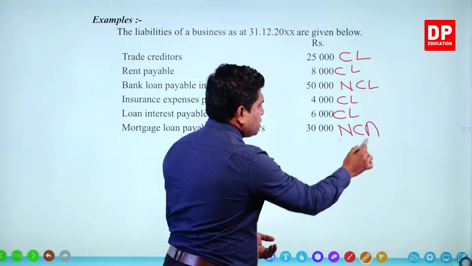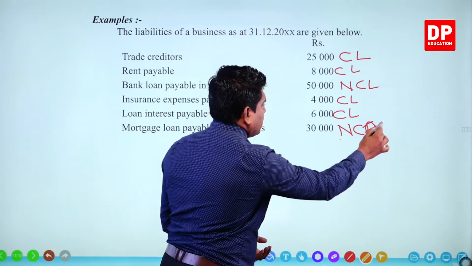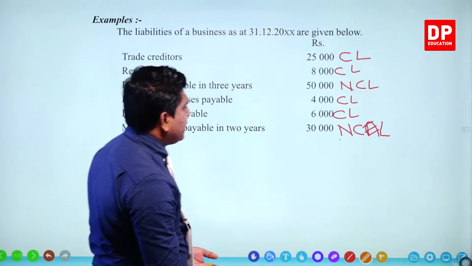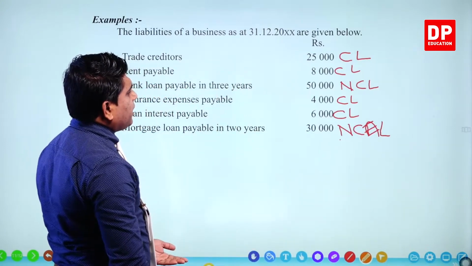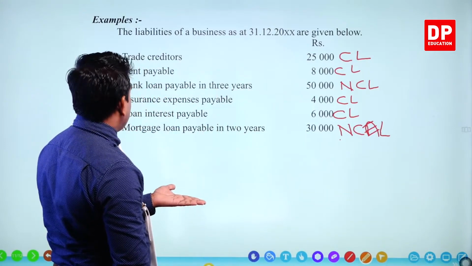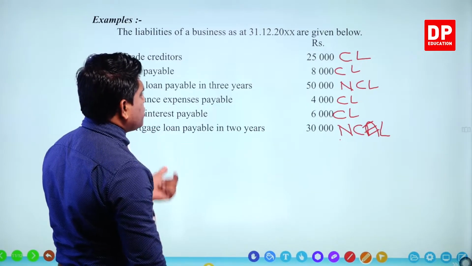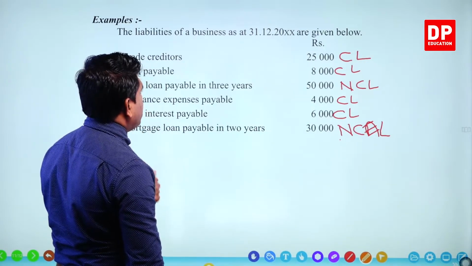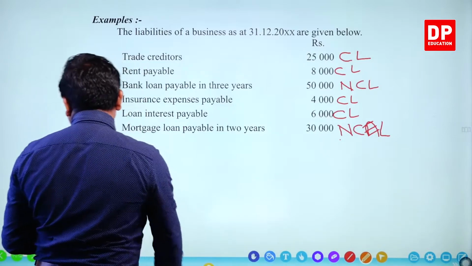Not non-current assets, it should be non-current liability, right? NCL, not the A. Now how many non-current? 1 and 2. What are they? Bank loan and mortgage loan. All others are current liabilities.